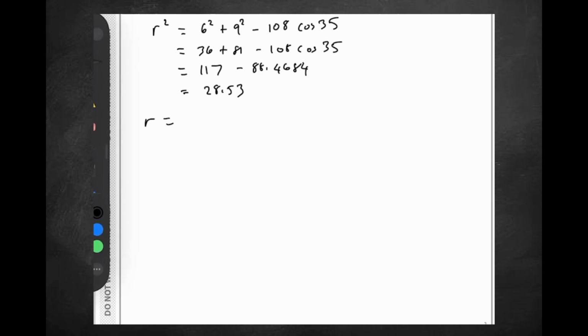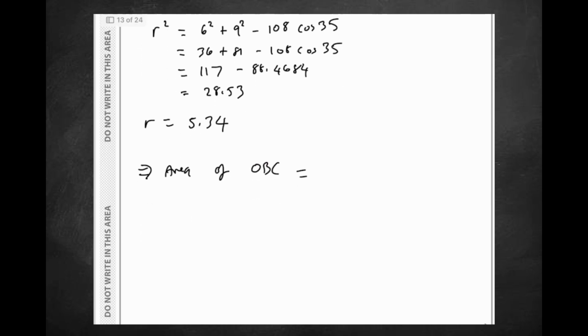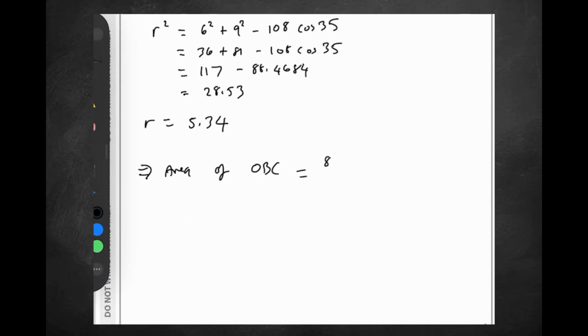So r is the square root of 28.53, which is just 5.34. Therefore, the area of OBC is just going to be pi r squared multiplied by the percentage of the circle that we've got, which is 80 out of 360, as the angle in the middle is 80.